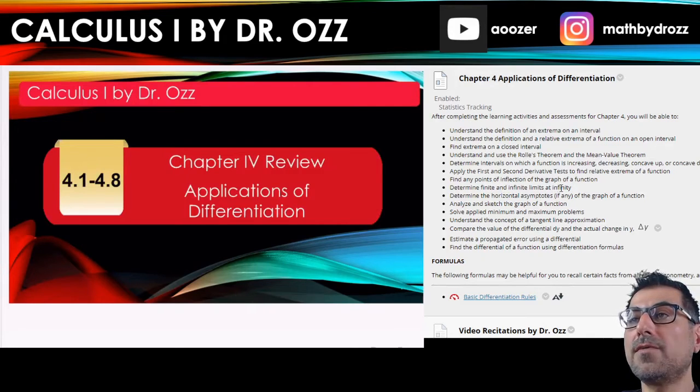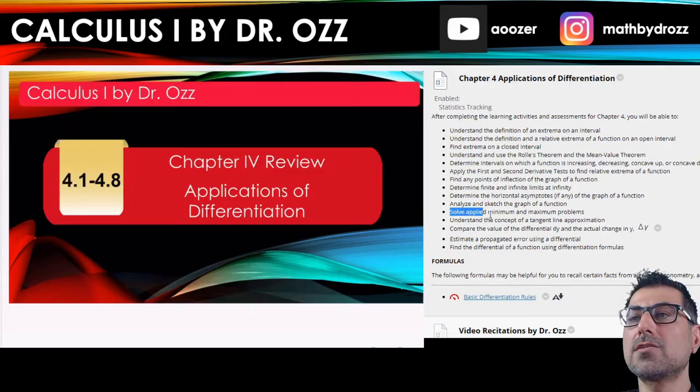And we had finite and infinite limits at infinity, so that in fact led us to two different asymptotes. One was the horizontal, the other one was the slant asymptote. And also we had the whole analysis of sketching the graph of a function without using a calculator.